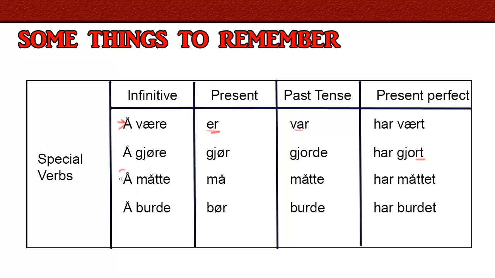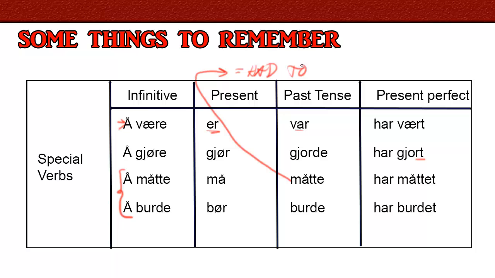And then 2 verbs that I've experienced people have a lot of problems with, or not problems, they understand, but they keep forgetting it. Å måtte is to have to. Å måtte, må, måtte, har måttet. Måtte equals had to.